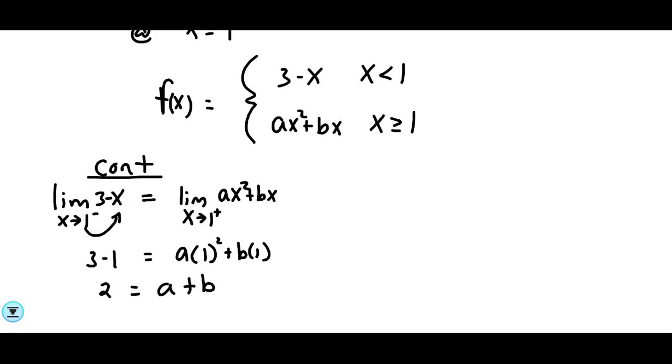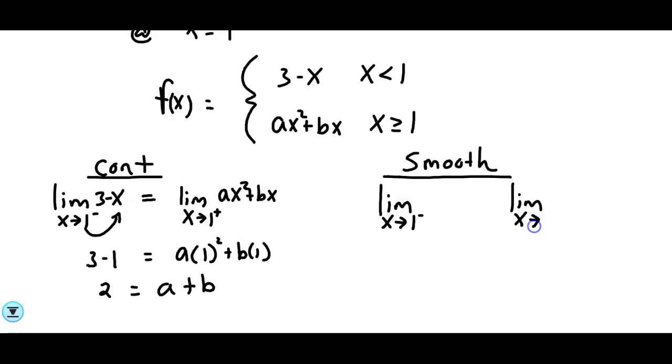We also need it to be, as we remember from last class, smooth. And so that means I would not only want to find the limit from the left and right of 1 with the original function, but I also want to find the limit from the left and right with the derivative of this function. So the derivative of this is negative 1. Okay?